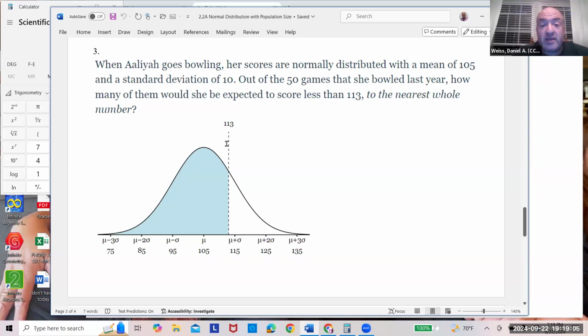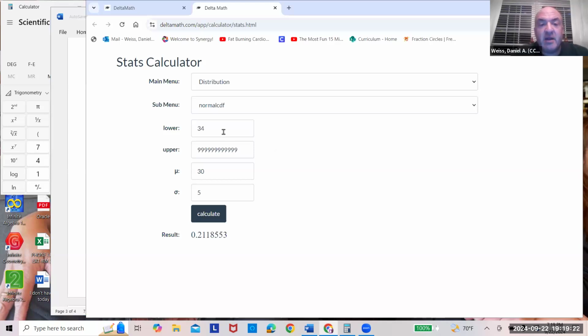So this one, less than. So see how less than, again, you're just getting one number, not two, but this time you're asked less than. Okay, less than. We're going to do almost the same thing. All right, so we're going to go back to the calculator. This time, the upper number is not 99999.